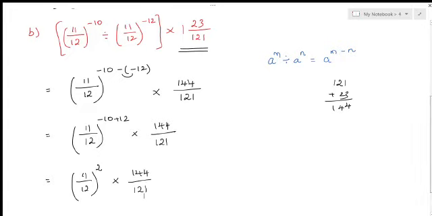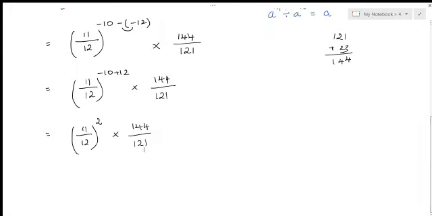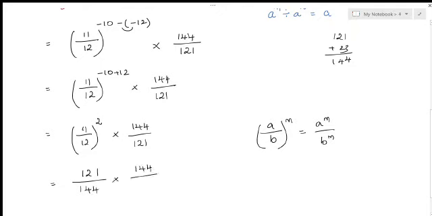Next we are going to use a by b whole power m equal to a power m divided by b power m. So you know that 11 square is 121, divided by 12 square is 144, into 144 divided by 121.